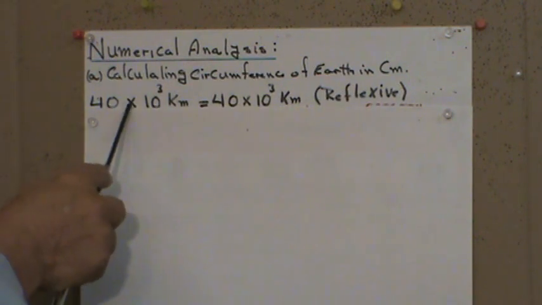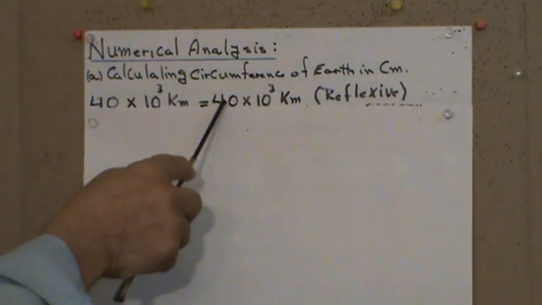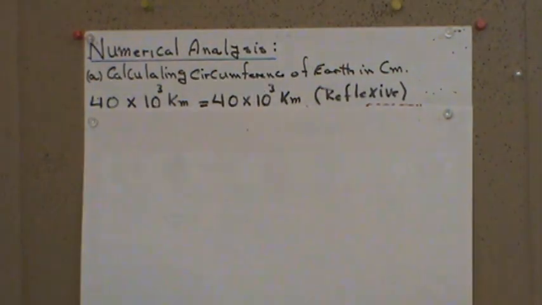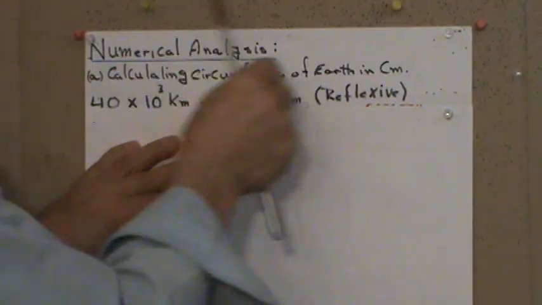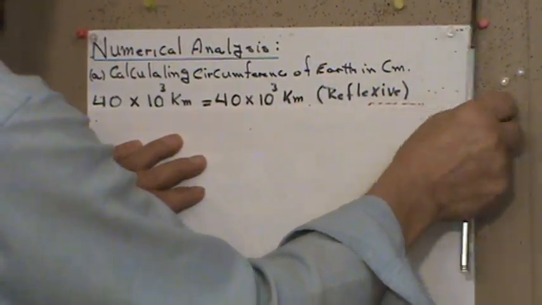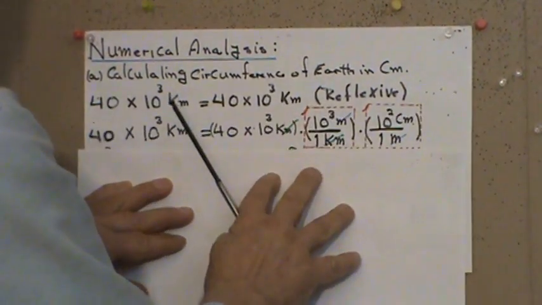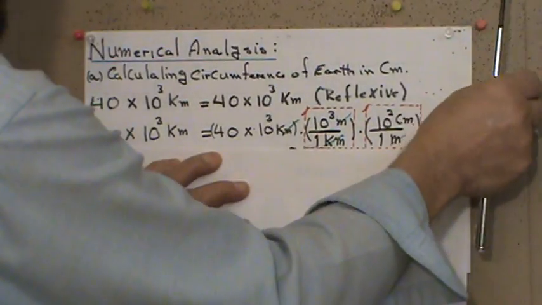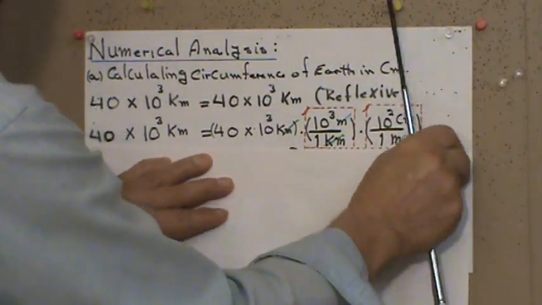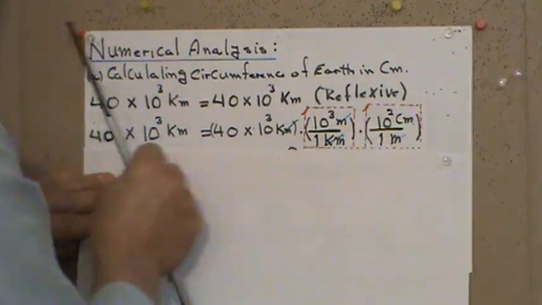So here, 40 times 10 to the 3 kilometer equals 40 times 10 to the 3 kilometer. A equals A is the property of equality that we call the reflexive property of equality. Now, we know that 1 is the identity for multiplication, meaning that any number times 1 is not changed. That's the reason they call it identity for multiplication.